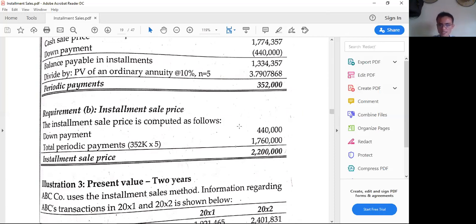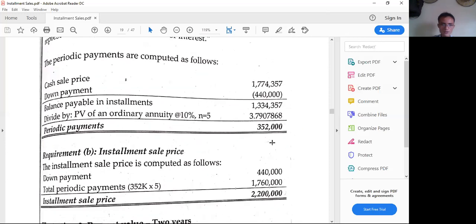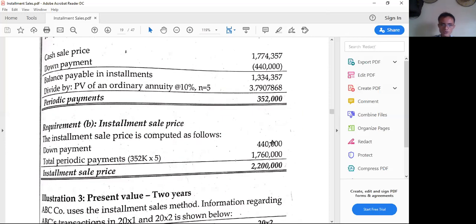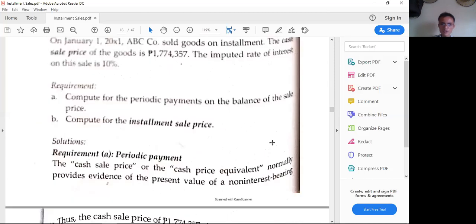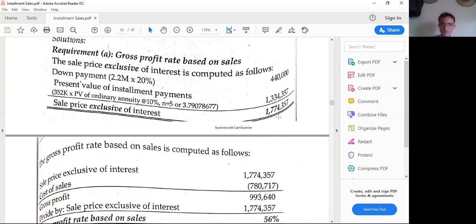If we want to dissect 2,200,000, so this one is with interest. Okay, so if we would like to know how much is the unearned interest income at time zero, let's go back to previous problem. We can actually compute. We are given here the sales price exclusive of interest.